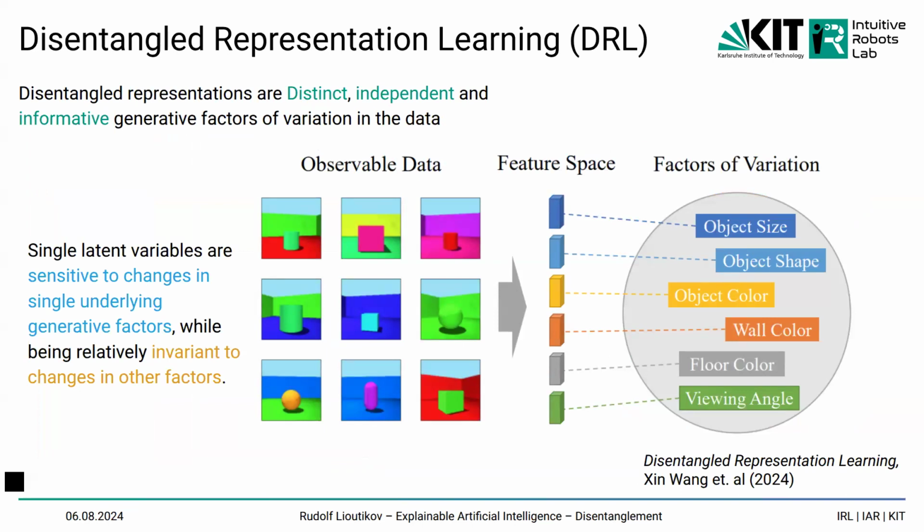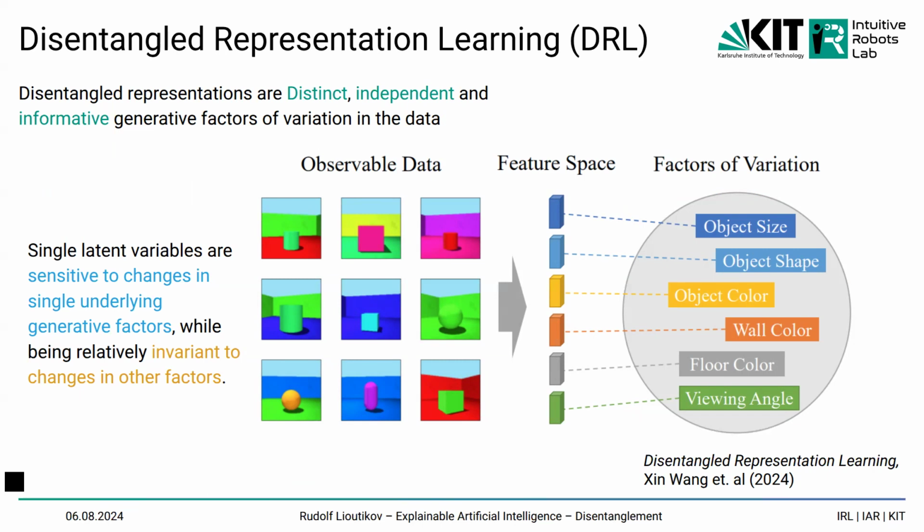In this case, it doesn't have to be on a per axis basis. You can also have vectorized disentanglement, where several elements of your latent space belong together and together represent something which is disentangled from the rest. The idea, for instance, would be if we try to encode some samples like these into a feature space, those different subparts could be the object size, object color, and also floor color, viewing angle, and so on.